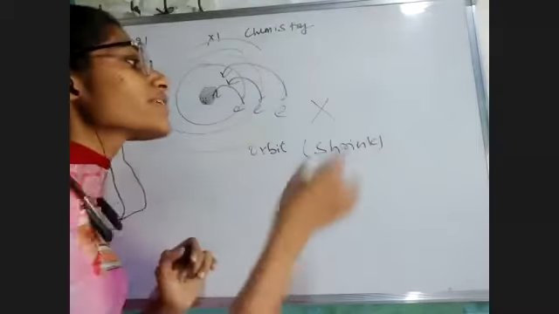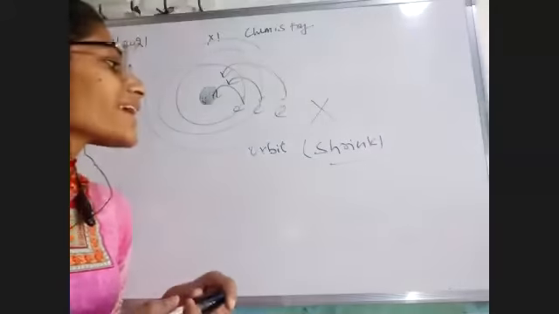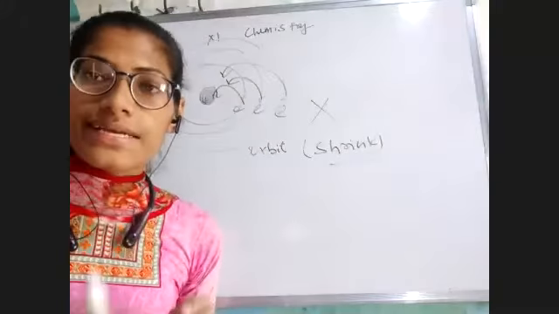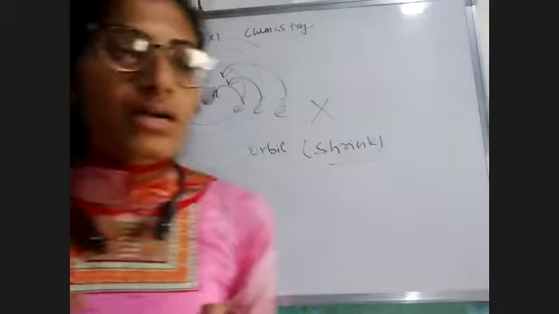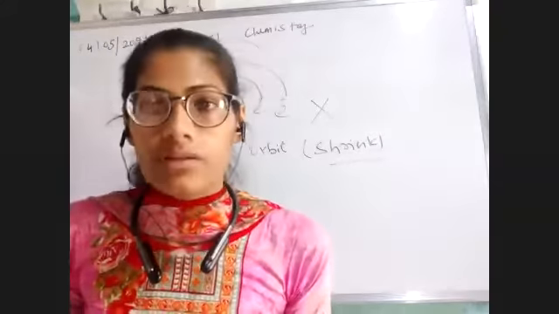This was also not explained. And third, he did not explain what actually defines the orbit. These three or four points were not explained by Rutherford, known as the limitations of Rutherford's model.